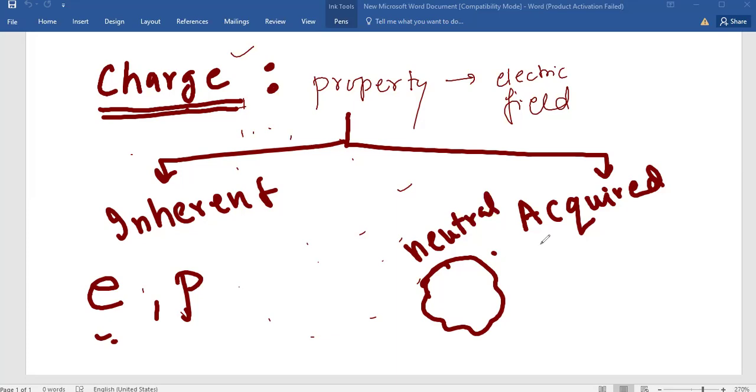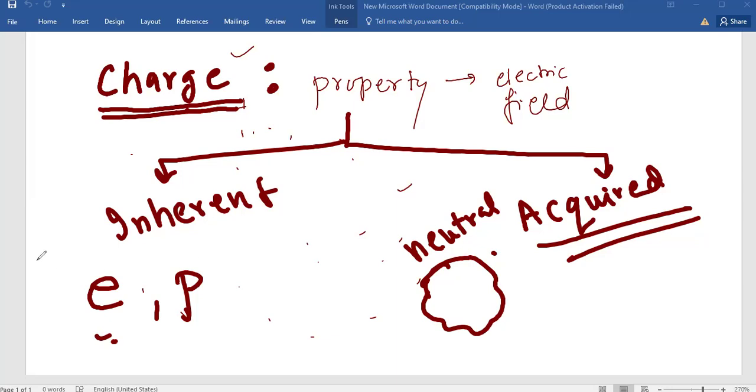That type of charge which is acquired comes into the second category. Is it clear? Okay. Most of the items are neutral only, and by a method of charging, we create charge on them.